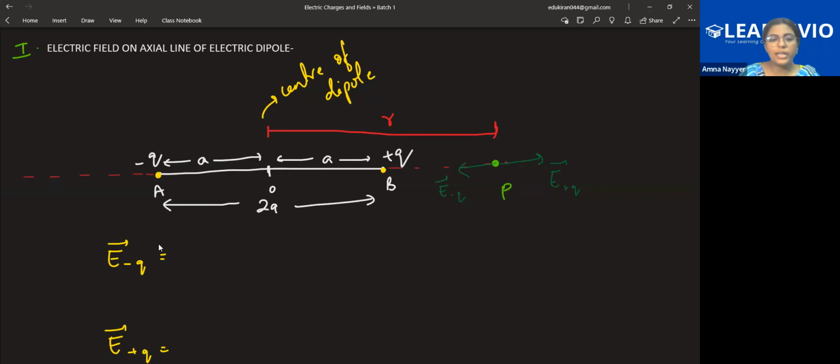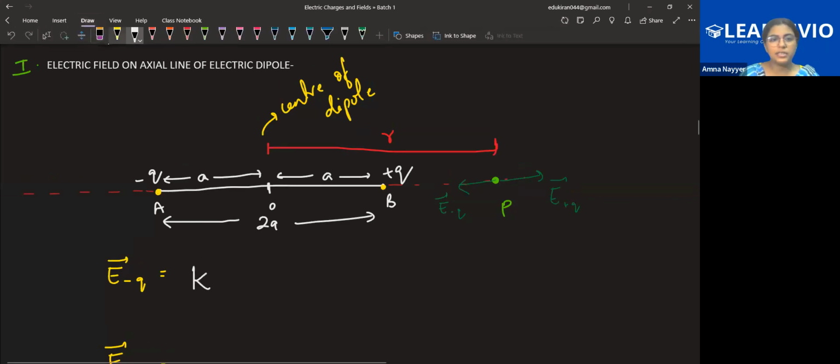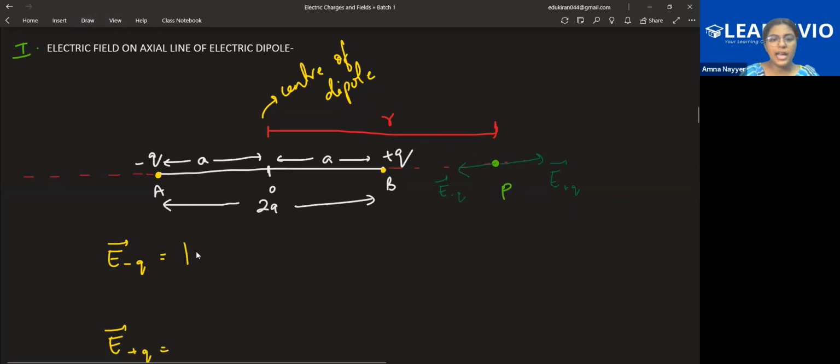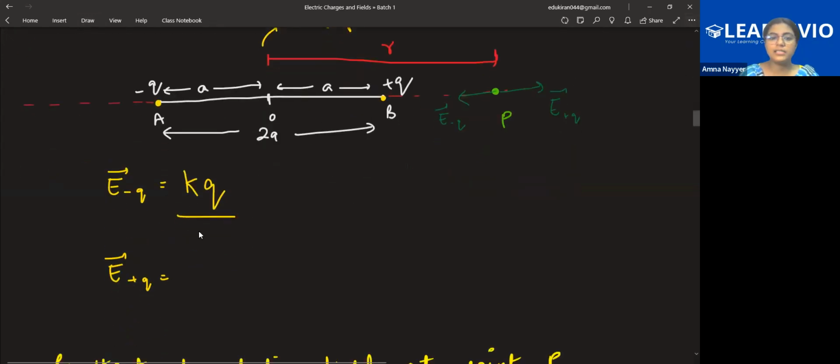Now when I'm calculating the electric field due to this minus Q on this point P, I have K and this as small q. Now, what is the separation between minus Q and this point P? This is R and this is A. So this becomes R plus A whole square.